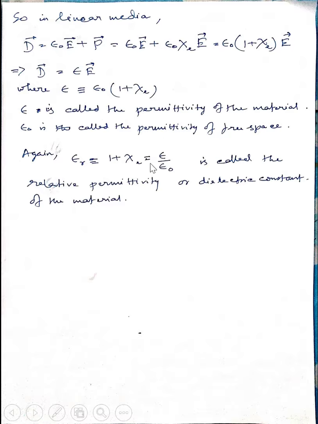Again, epsilon by epsilon 0 is called the relative permittivity, which is the dielectric constant of the material. This is all the information and simplification. You have to remember all those things for the exam, and in the future you may also need all these terms.